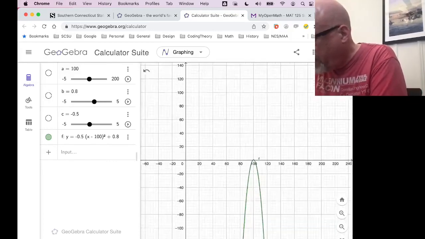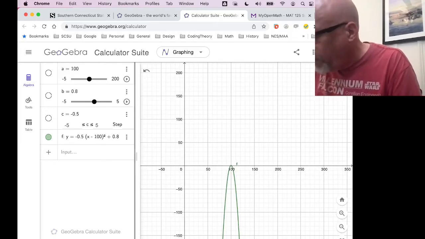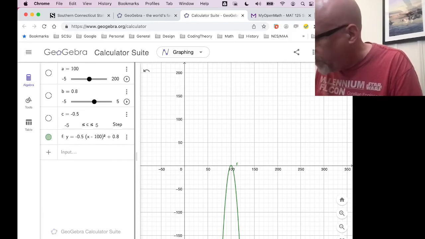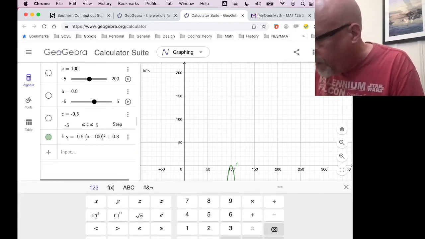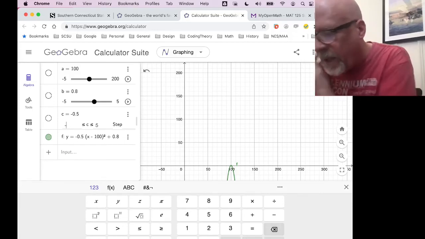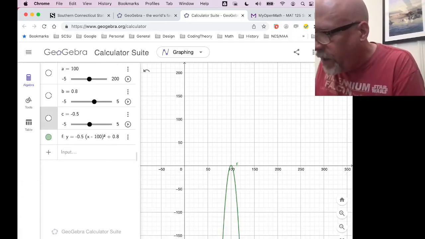Yep. It's clear that my C value is going to be negative, but it's not going to be as big as -5. So I'm going to change that end of the scale for this thing to be like, I think, -0.1 should do it. And I want the other end of the scale.